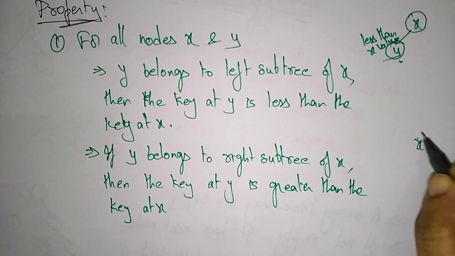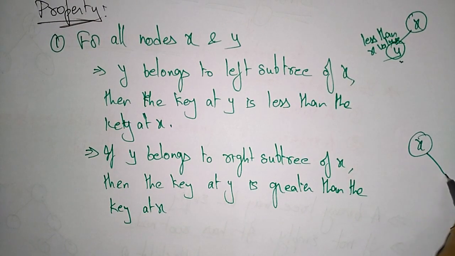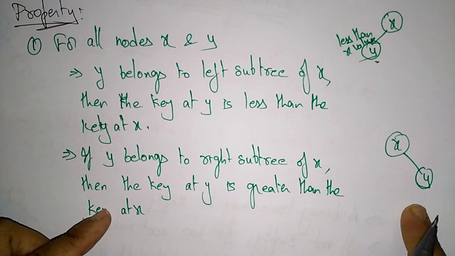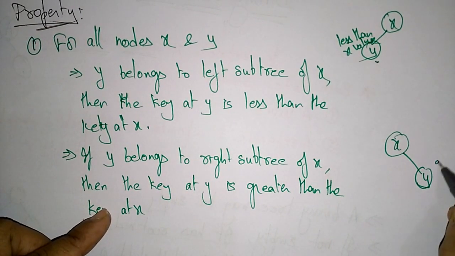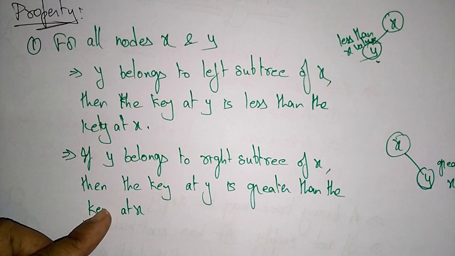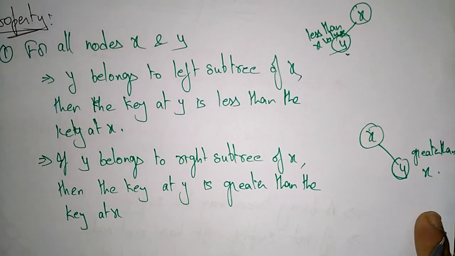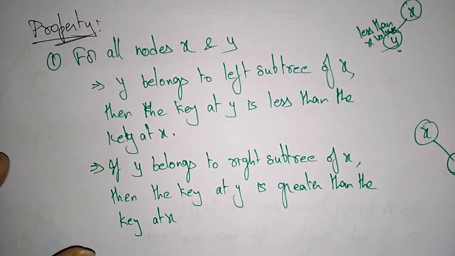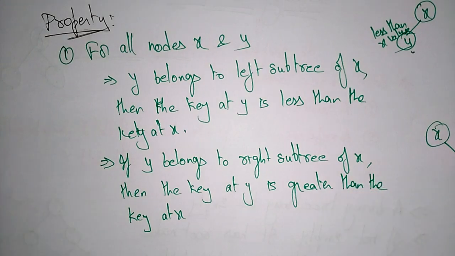So here x is the root node and y belongs to the right subtree. That means the key at y is greater than the key at x. So these two properties we have to follow while we are constructing the binary search tree.